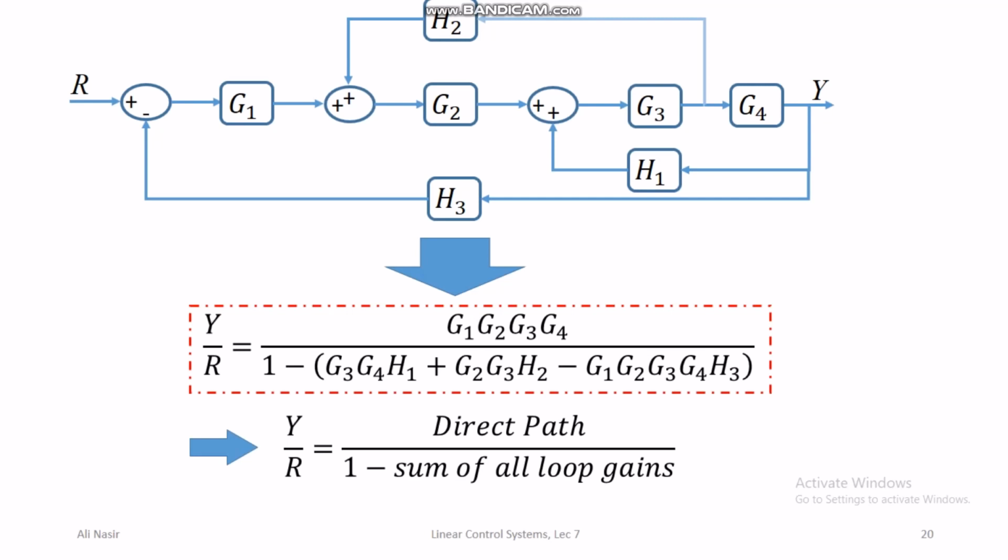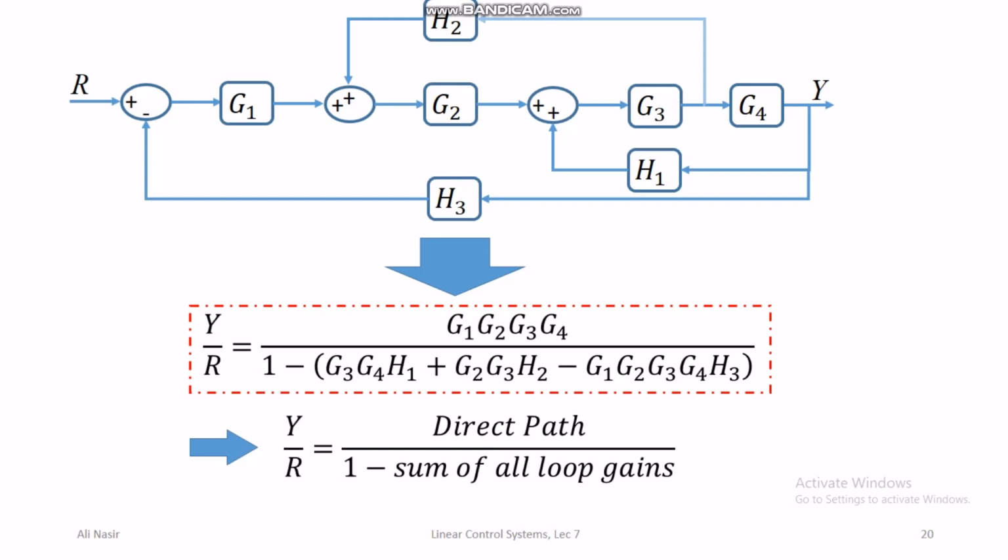This is quite interesting, because if this is true, then we can calculate the transfer functions for block diagrams having multiple loops without any manipulations and without any block diagram algebra. We can just look at the block diagram, find the direct path transfer function and the gains of all the loops, and write the transfer function as direct path over 1 minus the sum of all loop gains.